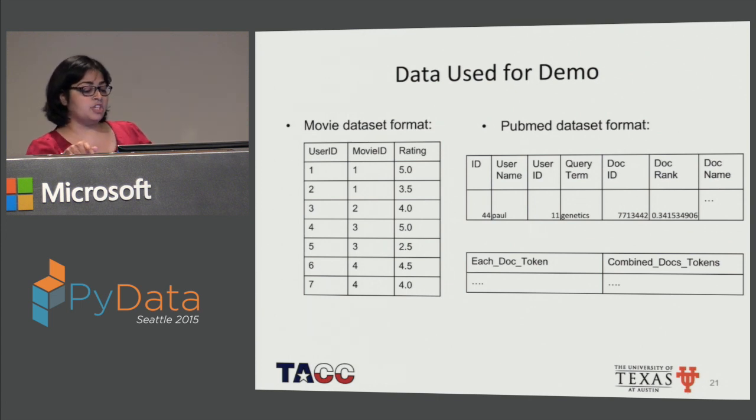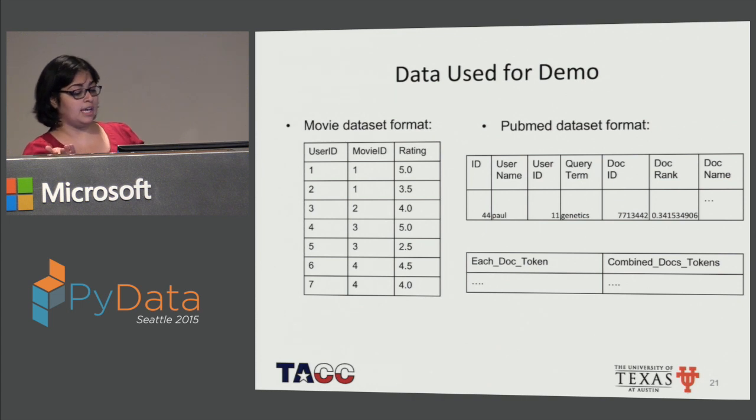For the PubMed data set format, a lot of pre-processing is required. If you pre-process your data, like tokenizing and those kinds of things, that is done through the vector space model. I've integrated that into our vector space model. When you do that, you get your data in this format.